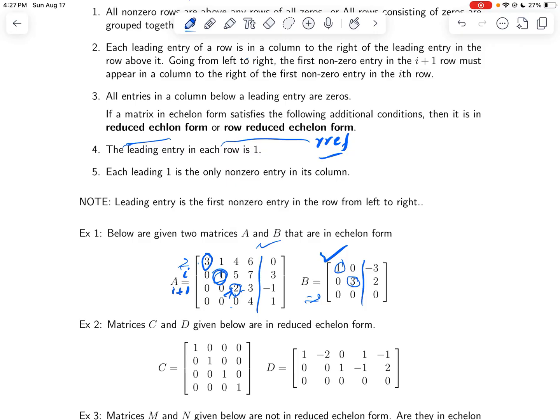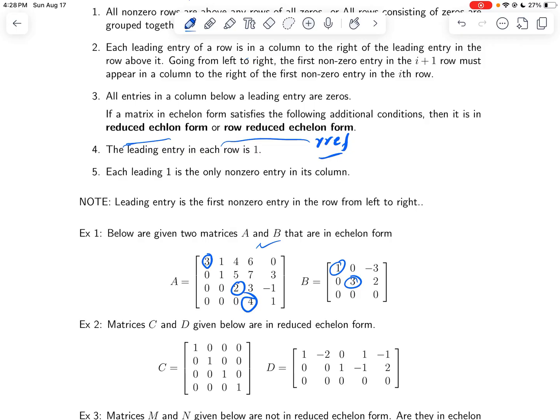Now notice here in matrix A and B both, we didn't have all leading entries equal to 1. We have a leading entry in A here, which is 3. We have a leading entry of 2, and we have a leading entry of 4. In the same way over here, leading entry 1 and the leading entry 3.